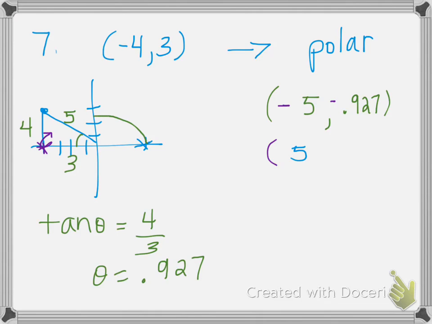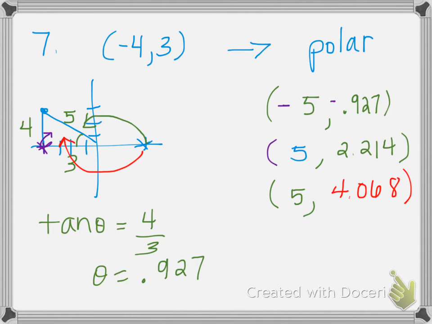Now, if I wanted to start over here, then to get the angle that I need, I'm going to go from here to there, which would be pi minus that, which is 2.214. I could also start at 5 and I could go this way, which would be pi plus that 0.927, and you get 4.068.